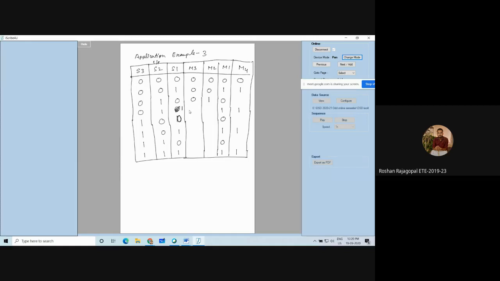No, ma'am, M3 and M2 will be 0. Yeah, correct. M3 and M2 both should be 0. Why? Because product is available on S1 and that gives the priority. Yes, ma'am. S3 is 0, anyway product is not available. But M2 is also 0 even if the product is available, because priority is given to belt 1, sensor 1 and motor 1. Now coming to the next one.